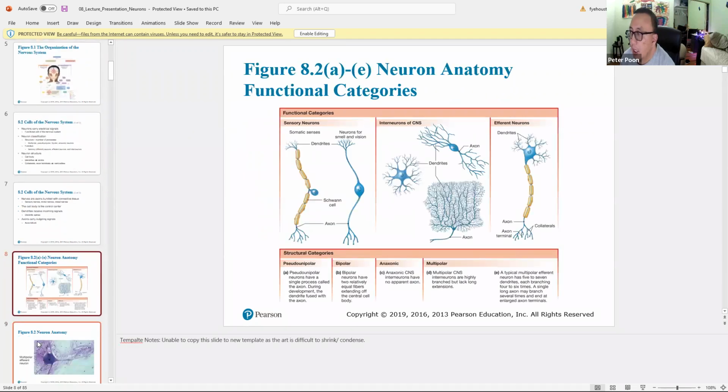I'm just flipping through these slides. If you don't know it, go back to your anatomy material. We explained it there. If you don't have the Zoom lecture recordings of the previous anatomy instructor, let me know. I'll give you mine.